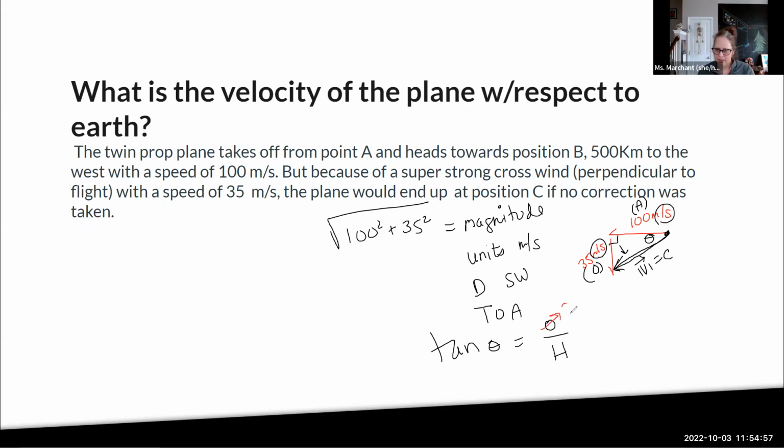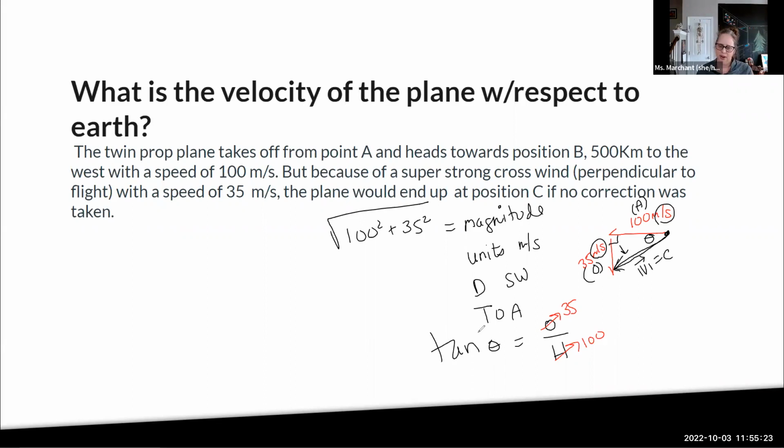The opposite is 35, the adjacent is 100. Even though these aren't the X and Y of the same thing, they are still the X and Y of how the plane is traveling with respect to Earth. So it doesn't matter that one is the wind and one is the plane speedometer, just like the boat speedometer and the current were able to be used in this manner.